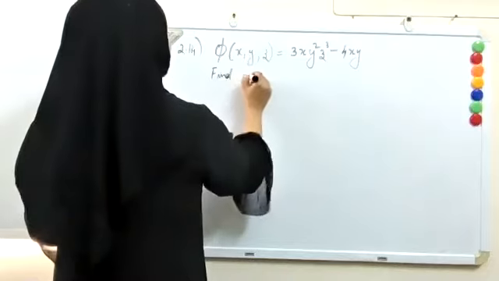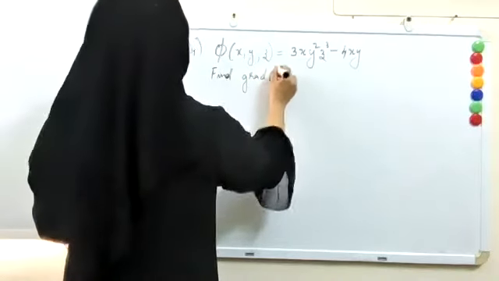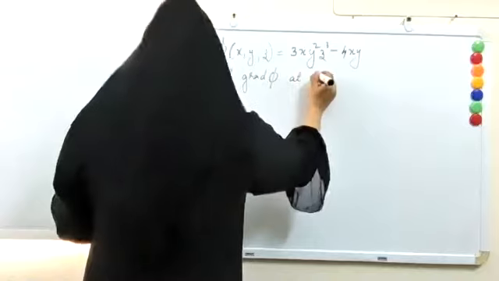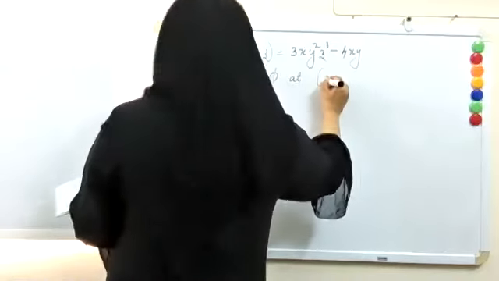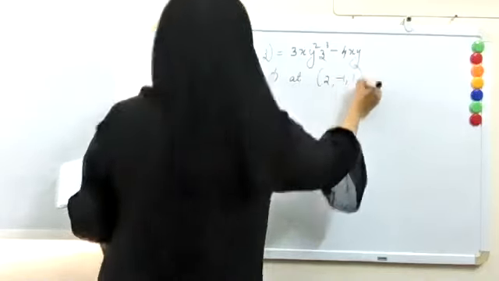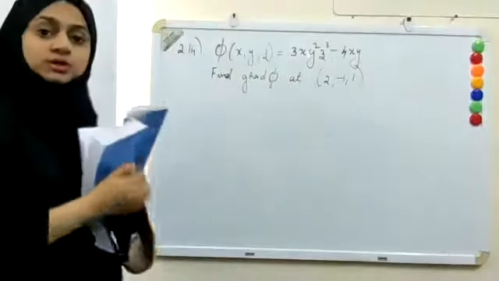What is meant by gradient? Grad phi at the given point 2, -1, 1. So this is the question.